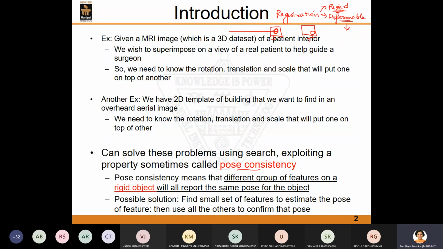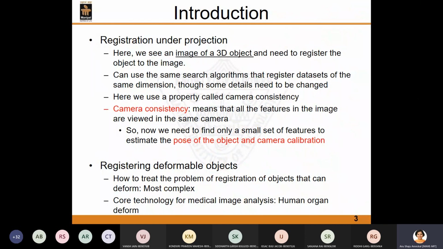So we will first be studying rigid registration, because it is actually easier to understand, as it is under the assumption that the pose of the object remains the same. There are not many factors to consider.